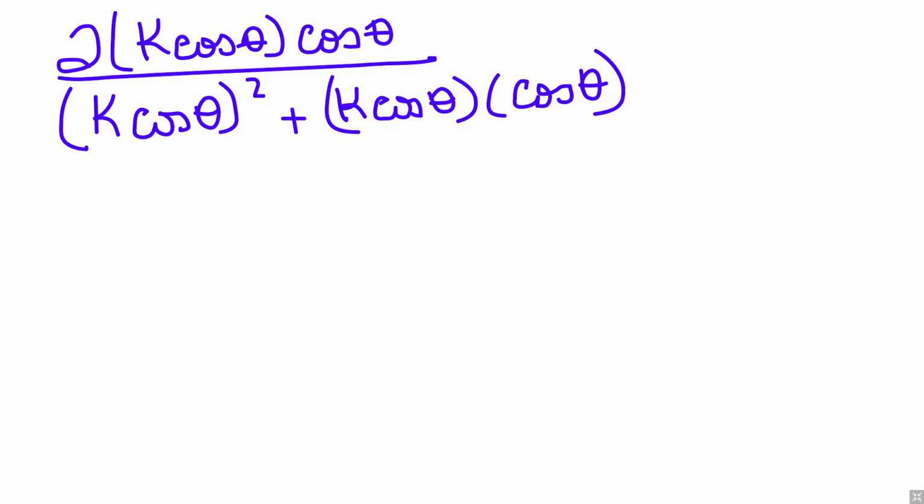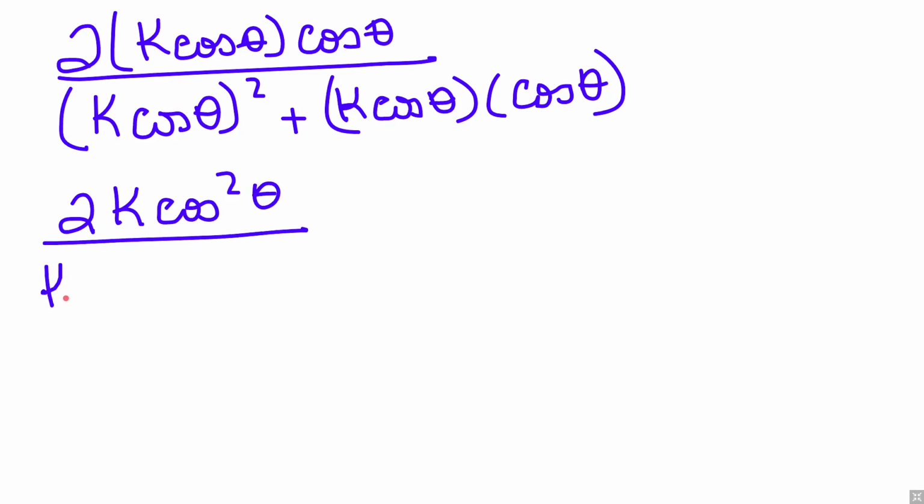So essentially I'm going to have 2k cosine squared theta over k squared cosine squared theta plus k cosine squared theta. Well, if I look, what it's going to do is basically cancel out.